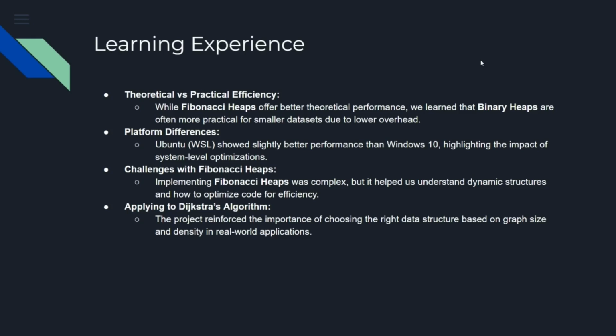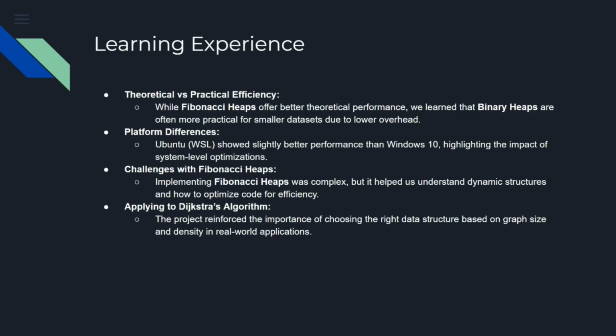So the learning experience: theoretical versus practical efficiency. While the Fibonacci heap offers better theoretical performance, we learned that binary heaps are often more practical for smaller data sets due to the lower overhead. The platform differences, with WSL showing slightly better performance than Windows 10, highlight the impact of system level optimization.